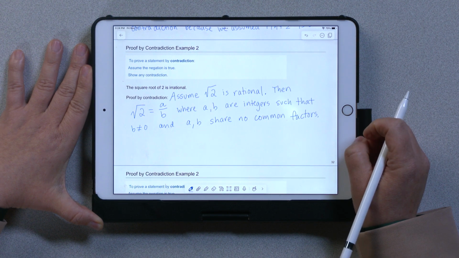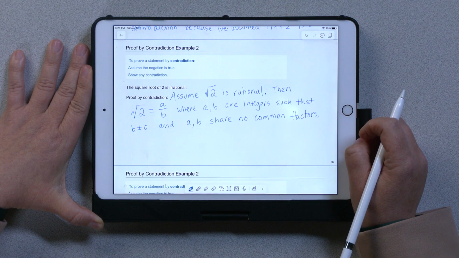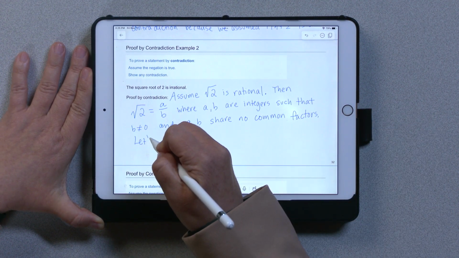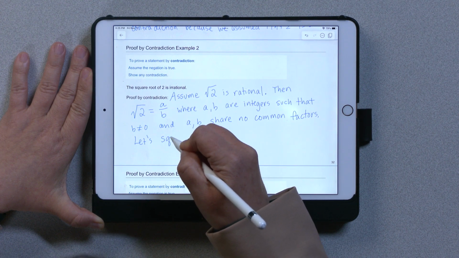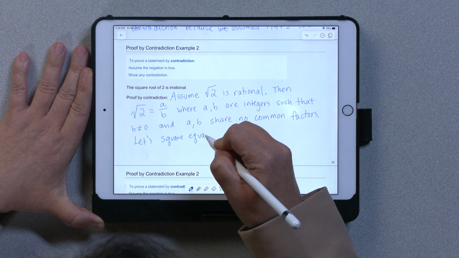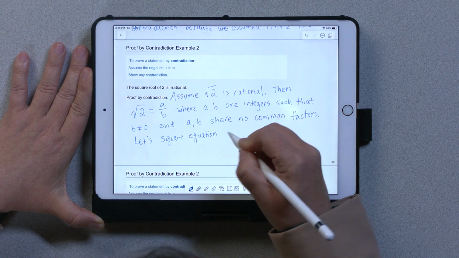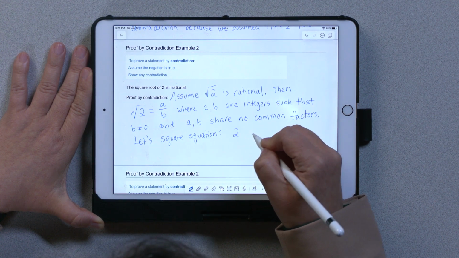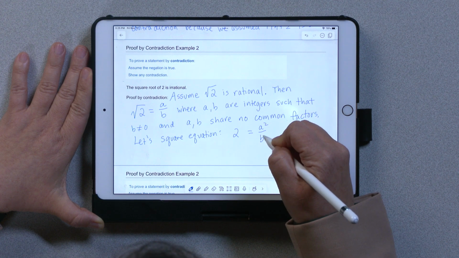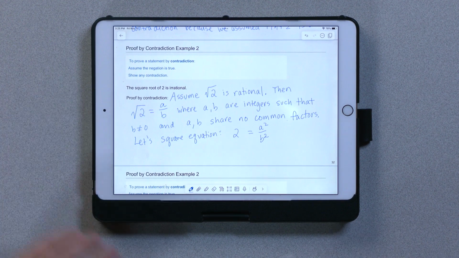One thing we can do is consider squaring both sides. So let's square the equation. We're going to have 2 equal a squared divided by b squared.